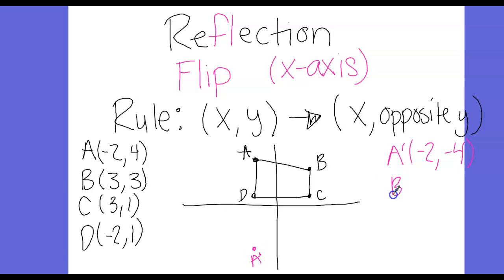My new B will be what? X stays the same, your y becomes opposite. So 3, -3. The new C will be what? 3, -1.